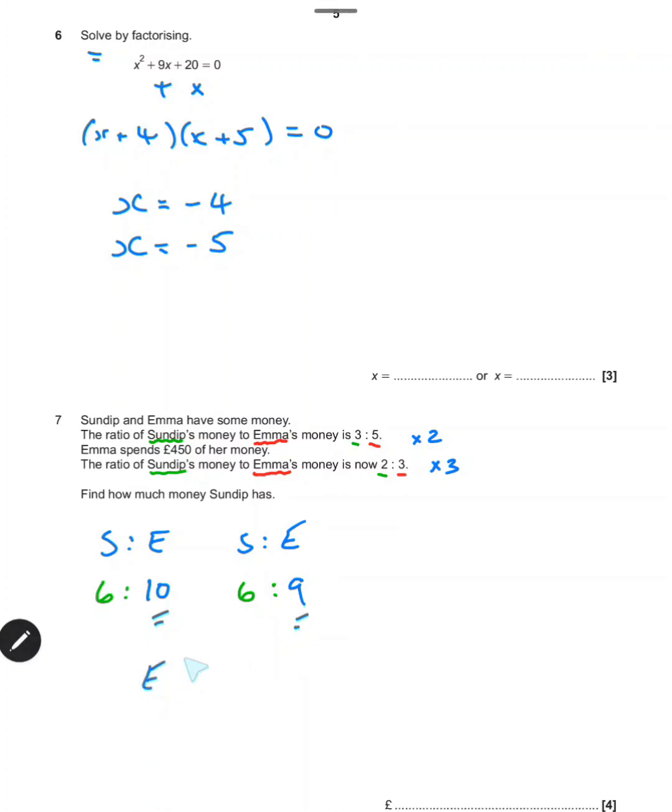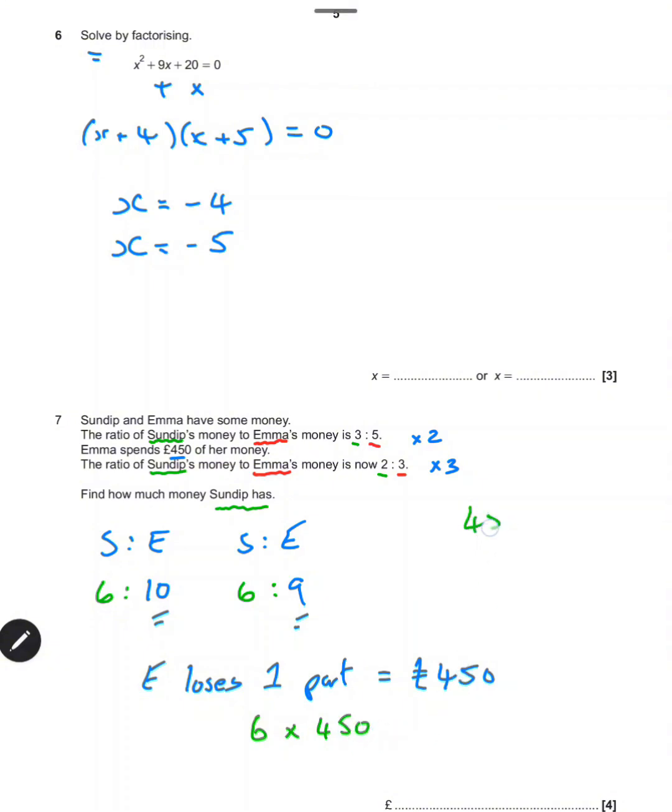So Emma loses 1 part, and she also loses £450. So that 1 part there is £450. The actual question says, how much does Sundip have? Well, he's got 6 parts, so we need to do 6 lots of 450.